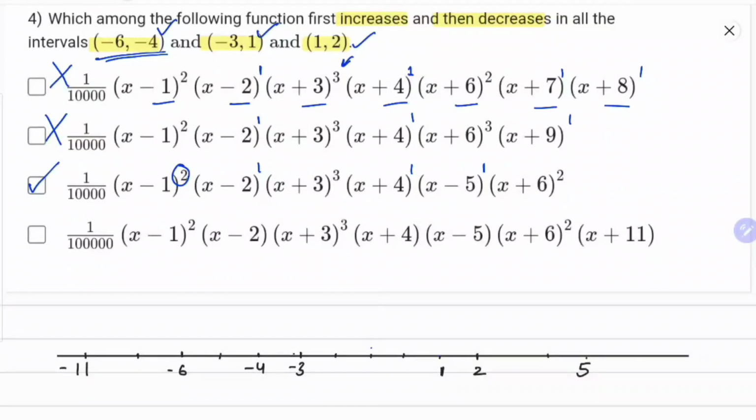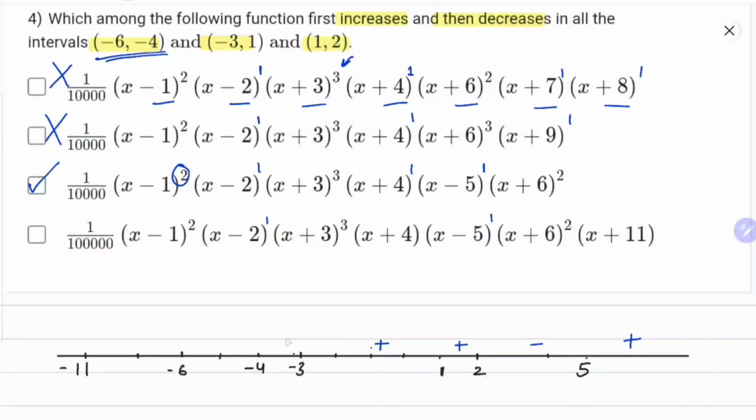So now let's try to find out the positive and negative regions. We can clearly see that after plus 5 this is always going to be positive. Then 5 has an odd power, so the sign will change. Then 2 also has an odd power, so the sign will again change. 1 has even power, so the sign won't change.